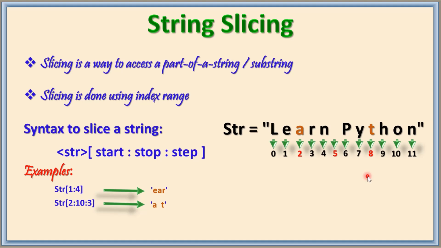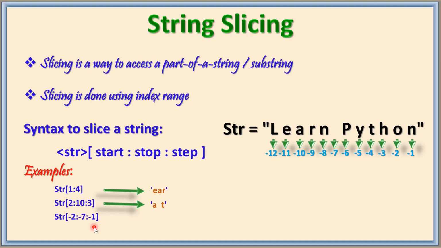We also know that characters in the string can also be indexed in reverse order, that is with minus indexes. Let us see an example for that. str of -2:-7:-1. So let us write the string indexes in reverse order. You need to remember this. -1 is mentioned as it's from right to left. The default value of step is 1 only.